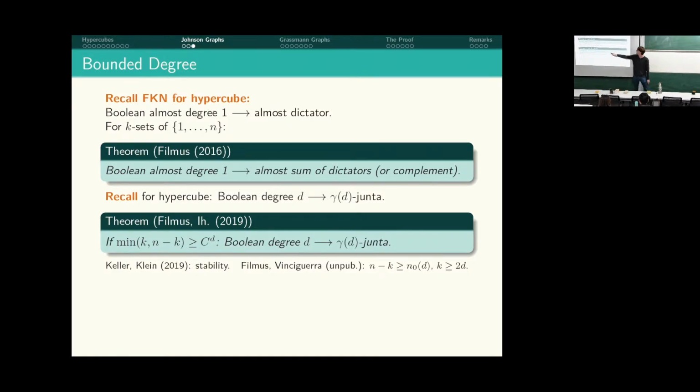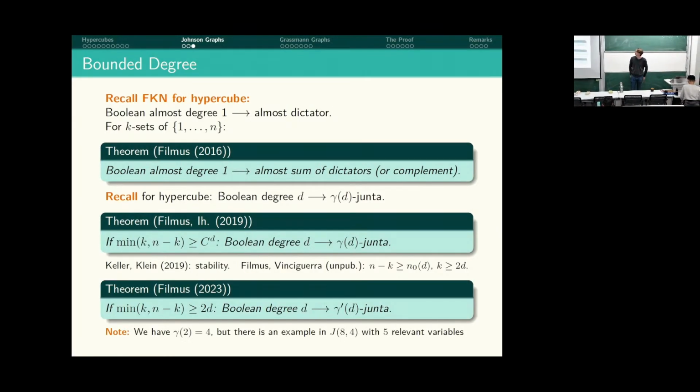As soon as your k and n minus k are bounded away from 0, sufficiently large, you have a stability result of that. There is an unpublished result that only requires n minus k to be large enough. I think it's still unpublished. At least I did not see it anywhere.